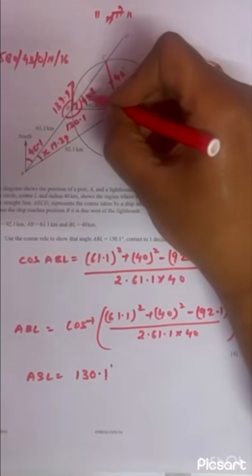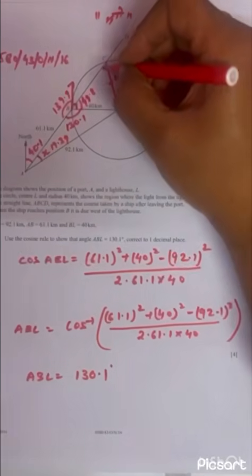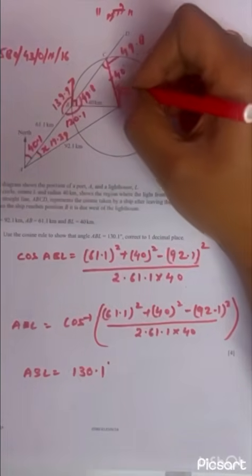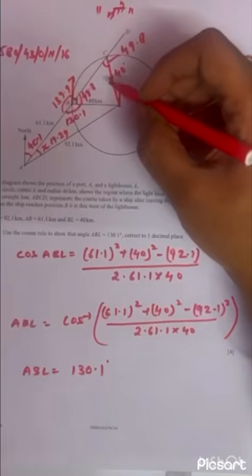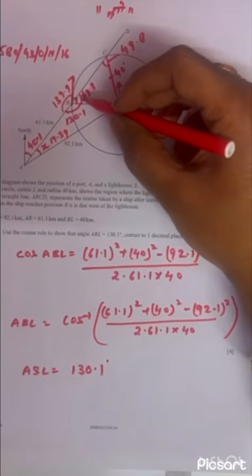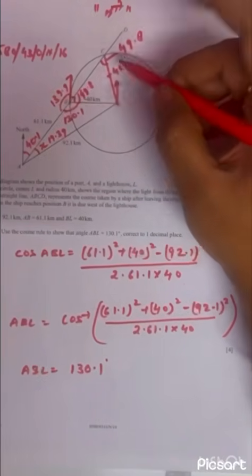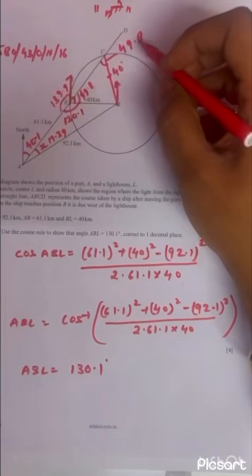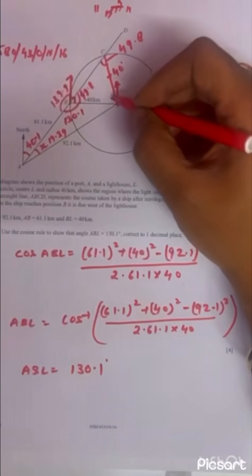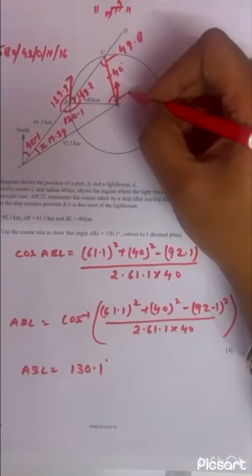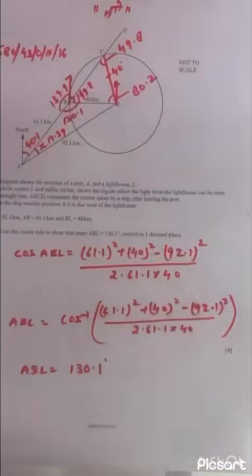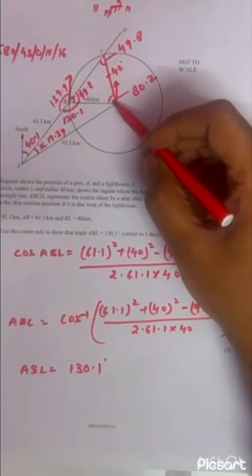Similarly, this will also become 49.8 because it is an isosceles triangle now. The sum of interior angles in a triangle is 180. So I'll do 180 minus 49.8 plus 49.8 in a bracket, and I will get this angle. That will be 80.2. So this angle is 80.2, and now the question becomes very simple.